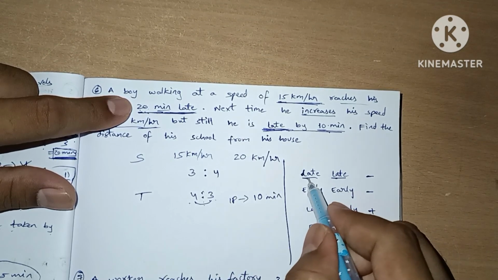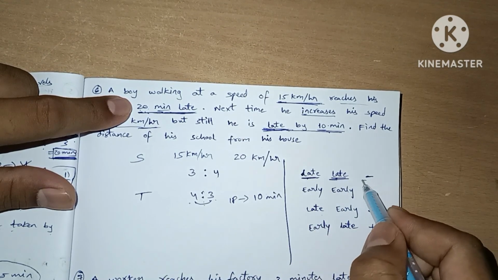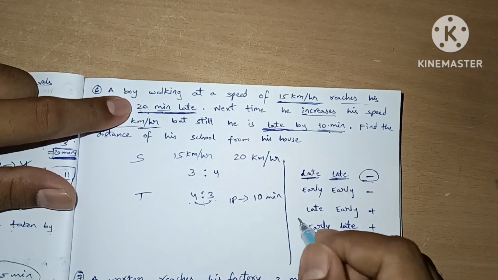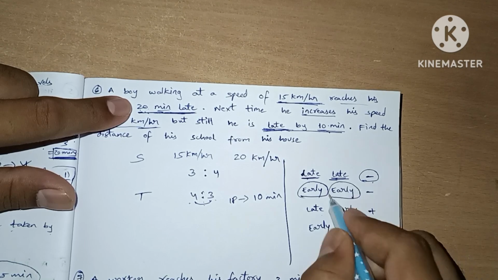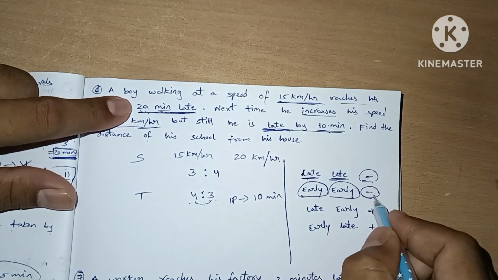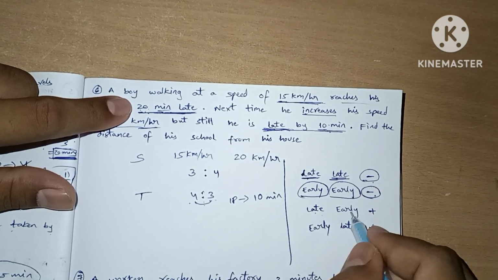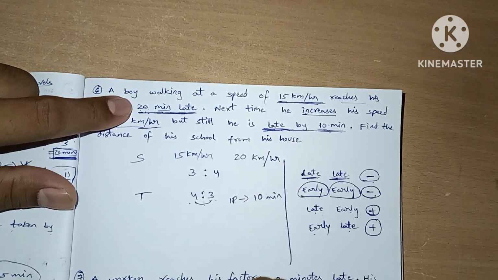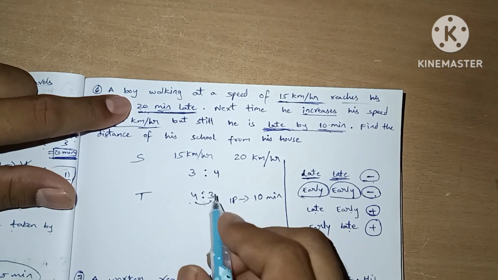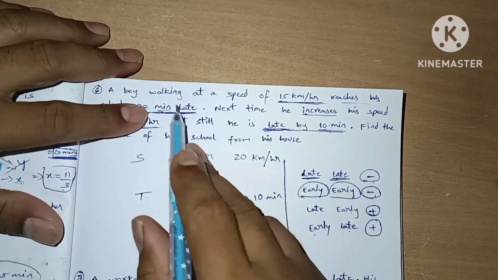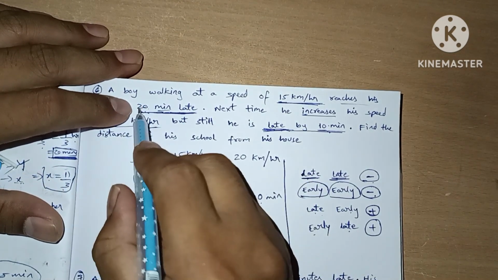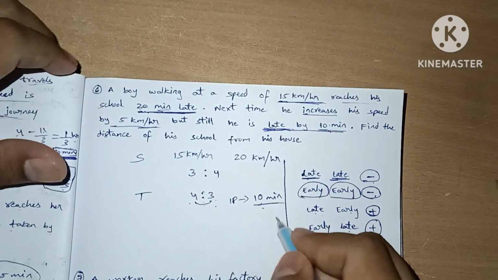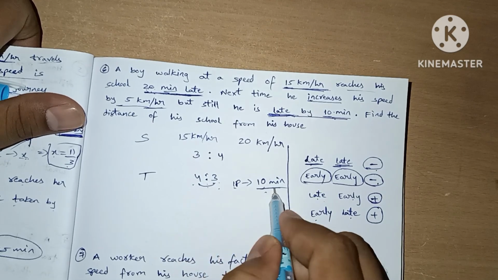If we see late and late, we subtract these two times. If we see early and early, we use the same minus. But if we see late and early, or early and late, we need to add those times. In this case we have late and late, so we do minus. 20 minus 10 means we get 10 minutes. One part value is 10 minutes.